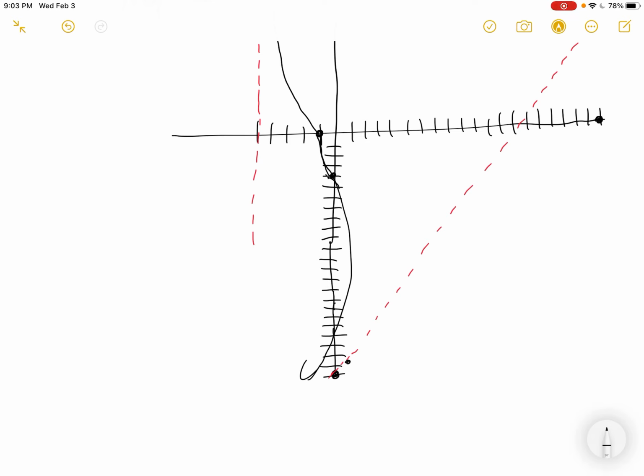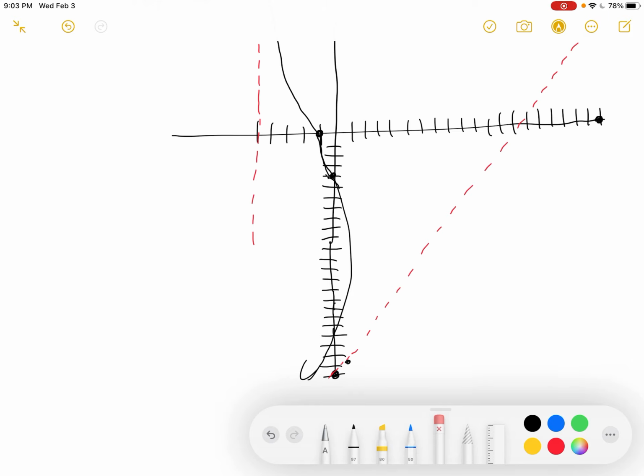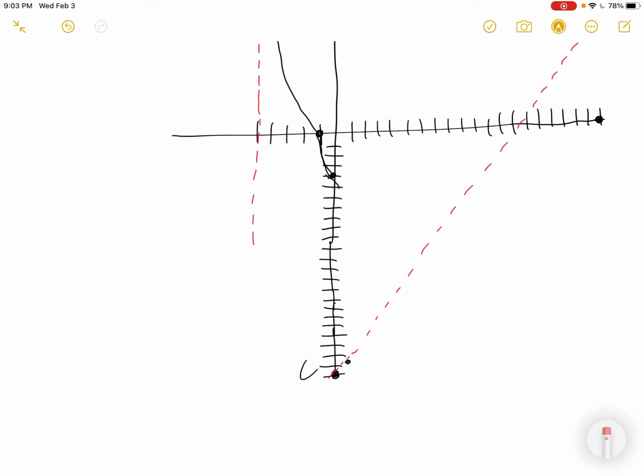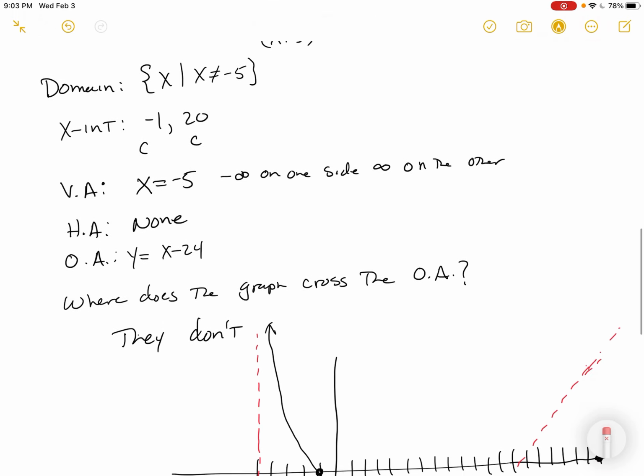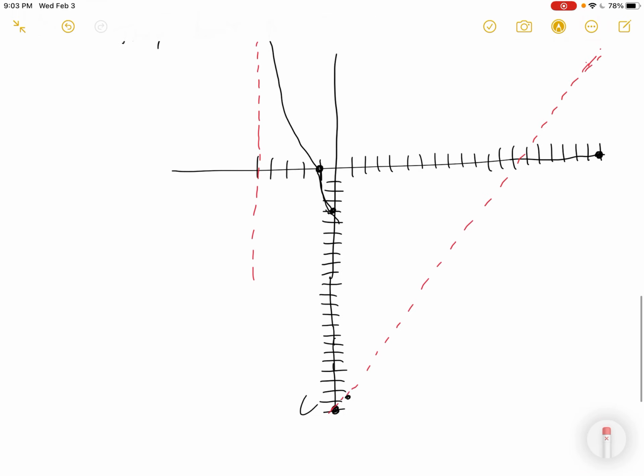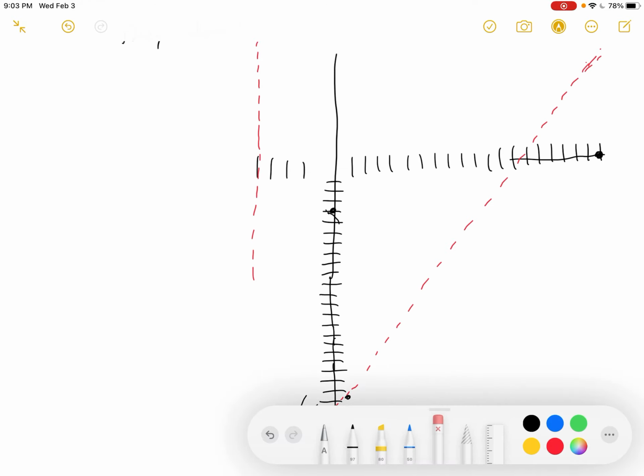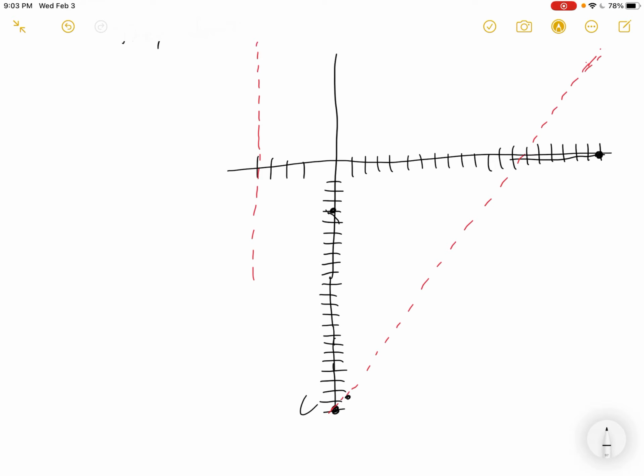So very interesting that it has that single y-intercept right there, and then needs to come to this line, the x minus 24 line. So what must be happening is it's coming through there, and here at negative 1.